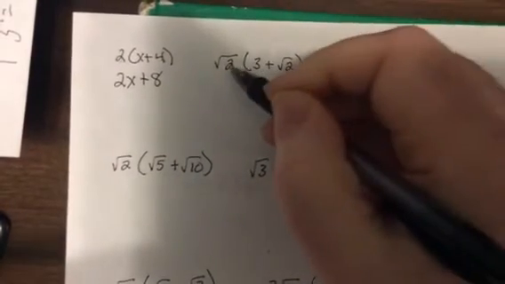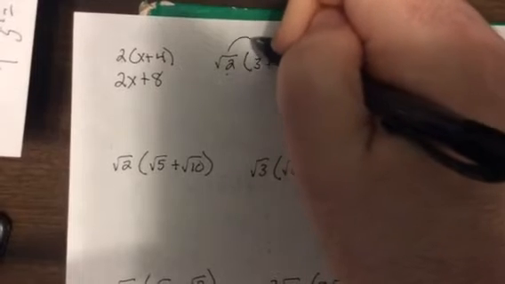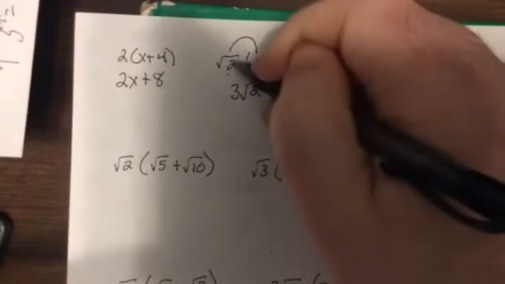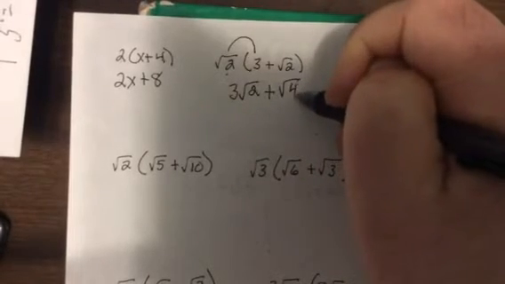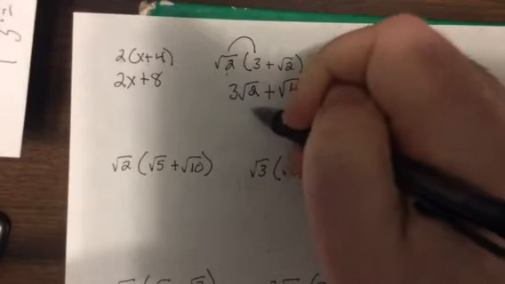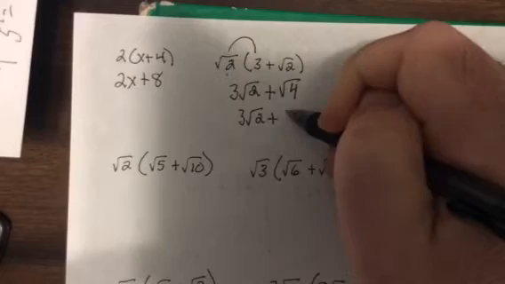Now we have square roots. Oh my. So this gets multiplied to the 3. And it gets multiplied to the square root of 2, which would be square root of 4. Now I can't simplify square root of 2 because that's not a perfect square. But square root of 4 is 2.